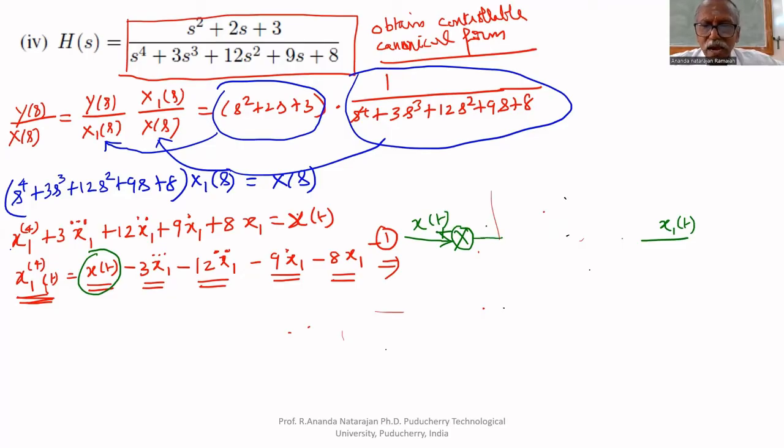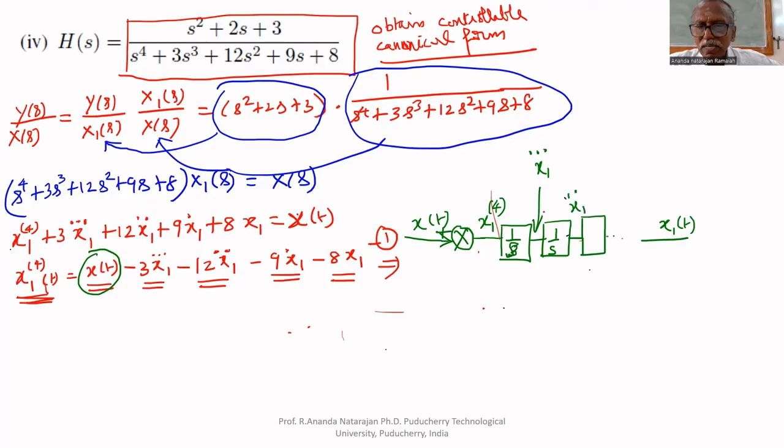Let us assume that the fourth derivative of x1 is available. If you integrate once, you will get x1 third derivative. Integrate again, you will get x1 double dot.